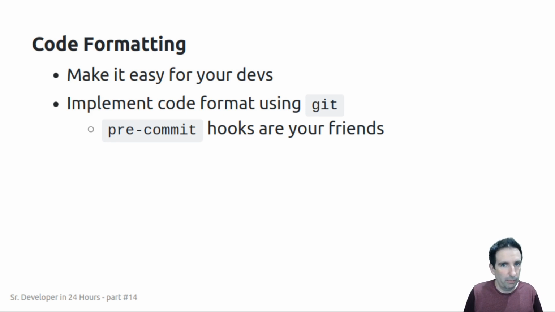So, something that doesn't add any overhead to the developer. We have a standardized way of doing things, and it will also reduce, for example, the conflicts that you're going to run into when you are committing changes to the code.